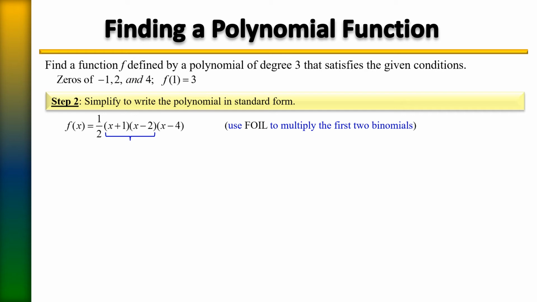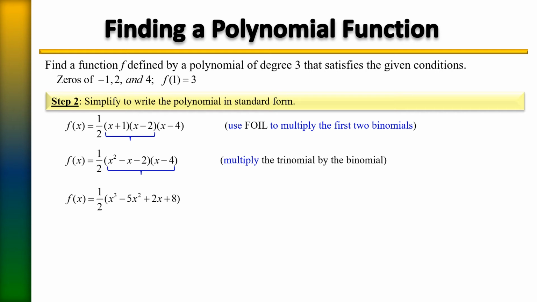Let's say we take the first group of two binomials and multiply them. That leaves us with x squared minus x minus 2. From there, you multiply a binomial by a trinomial. You distribute x to all three terms in the trinomial, and you also distribute a -4 to all three terms in the trinomial. So when we do so, it's going to look like so.